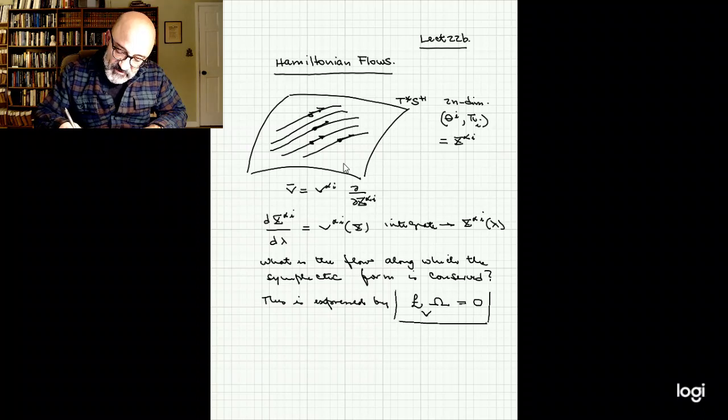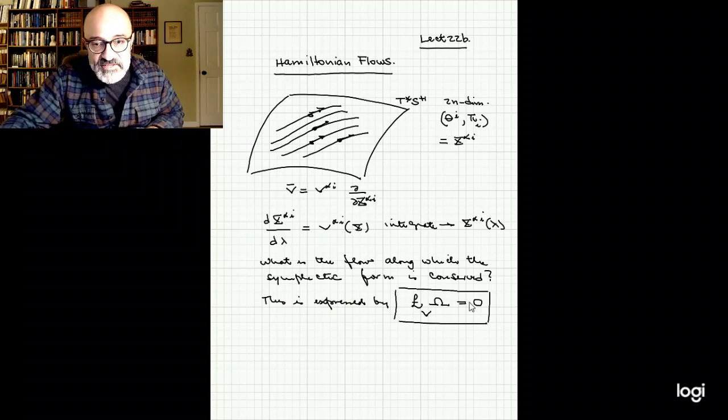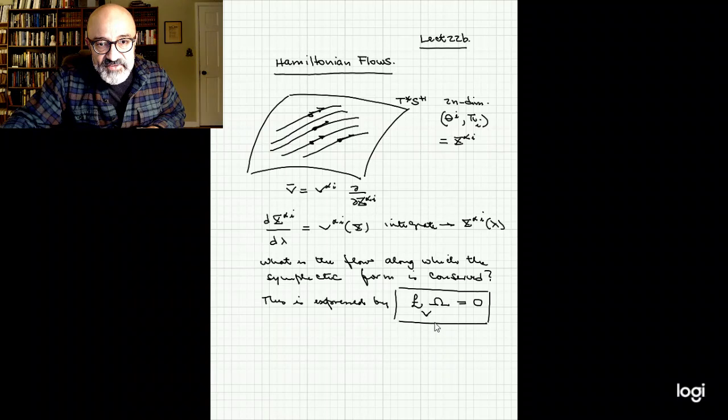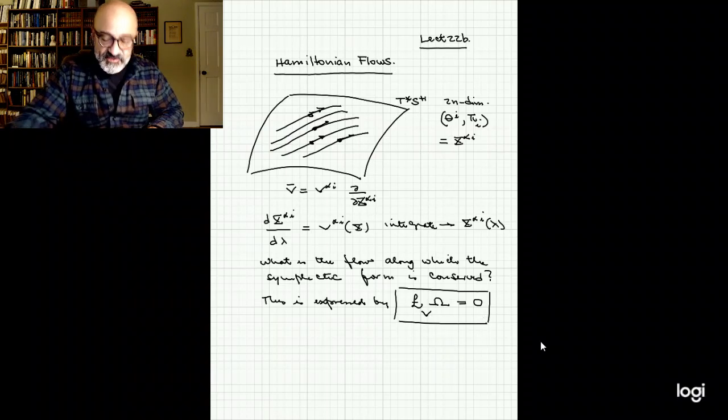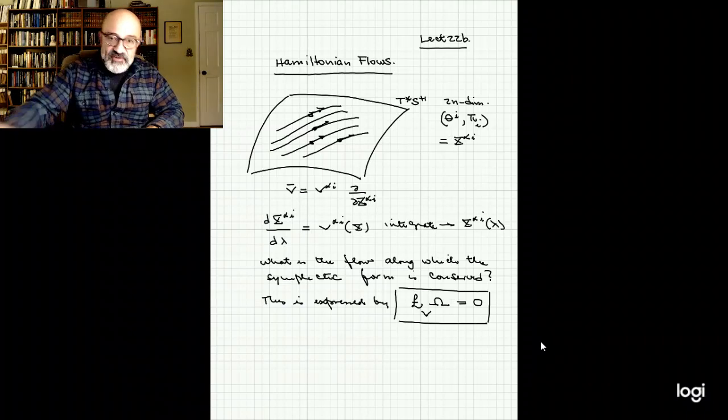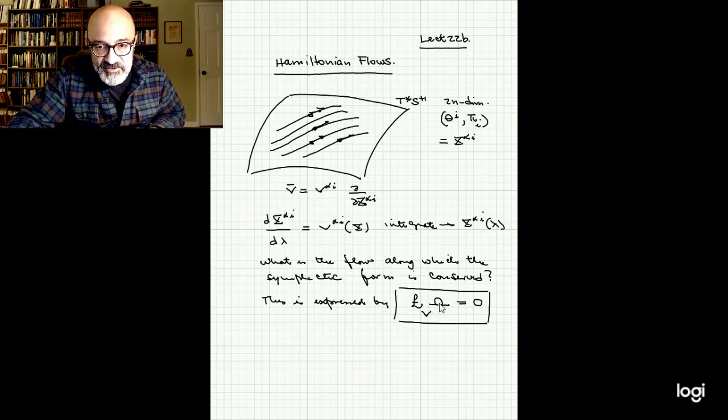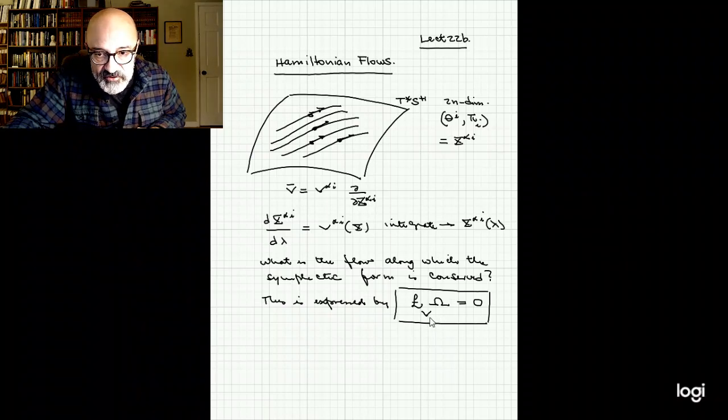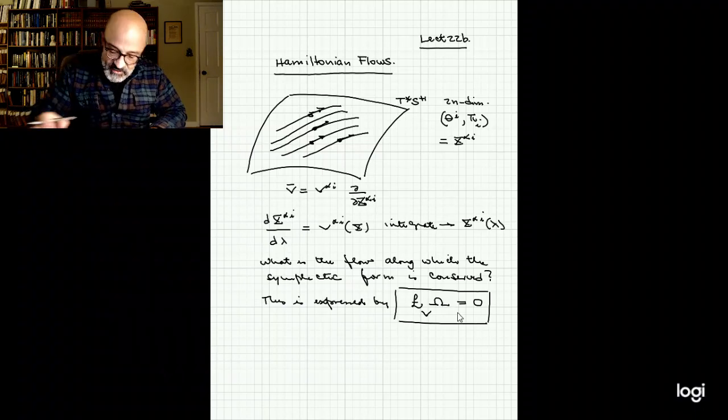So we would like to figure out what are the particular vector fields that satisfy this equation. So let me go back to a lecture a long time ago, namely last lecture, where we wrote down what the Lie derivative of any tensor with two slots, like the metric tensor, looks like.